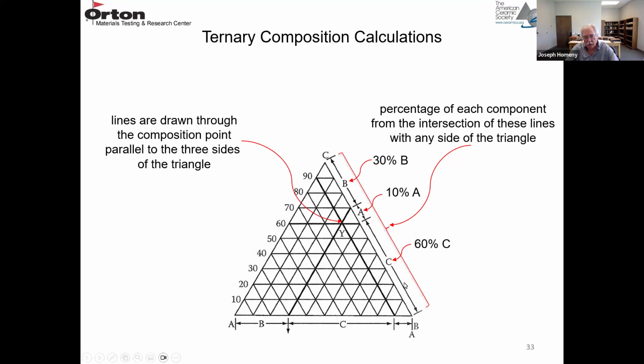It's opposite B. And then the percent of C, which is opposite C, is 10, 20, 30, 40, 50, 60.